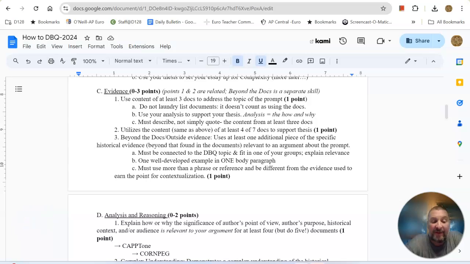But you can't double dip. You can only use that same evidence for one or the other. So it's an additional piece of evidence beyond the docs that supports your specific argument and fits in a specific paragraph. It can't just be like, this also happened, or this is something I know about this topic. It needs to support your argument.